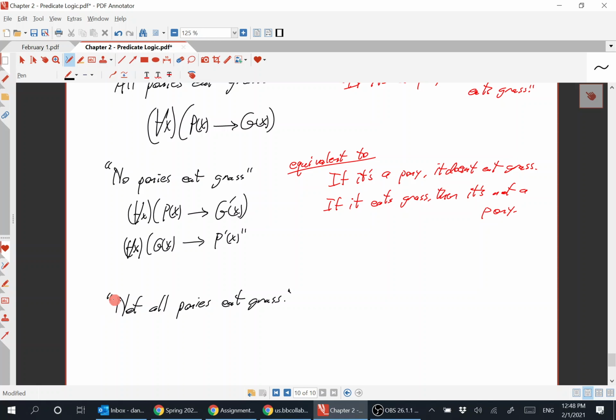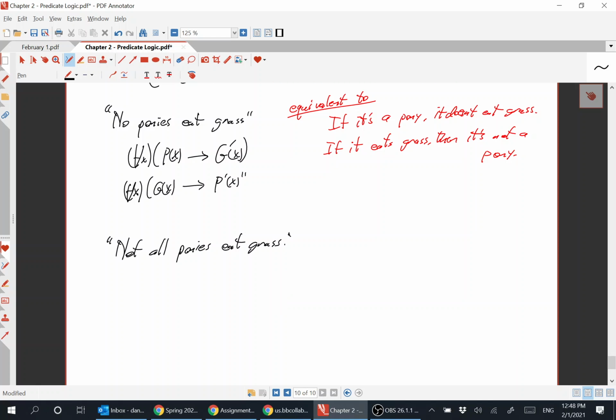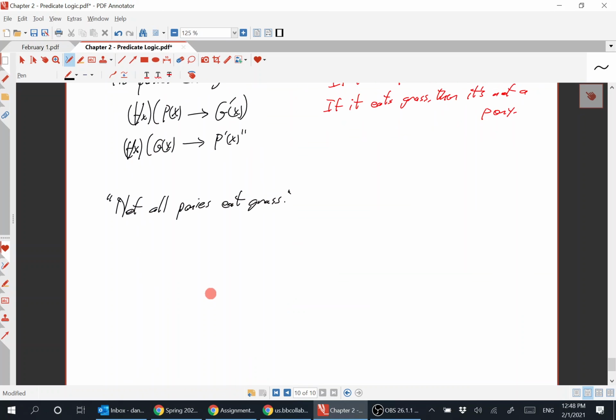Is it for all x in the domain? No, there exists x in the domain. Okay, and then just G of x implies P of x? But you never put implication with existential. It's always conjunction. So not all ponies eat grass. Remember, not all.